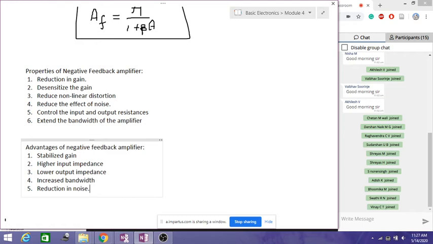Now we will talk a little bit about the feedback concepts, not much in detail because all results in the same thing. There are quite a few examples as well. There are four types of negative feedback: voltage series feedback, voltage shunt feedback, current shunt feedback, and current series feedback.